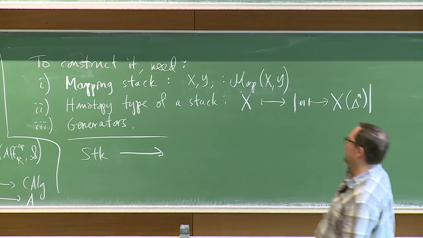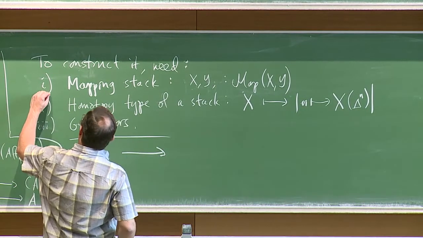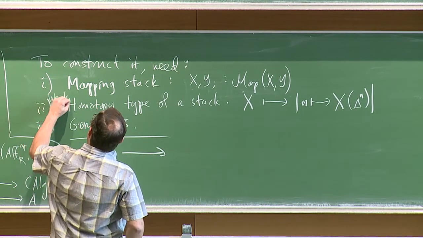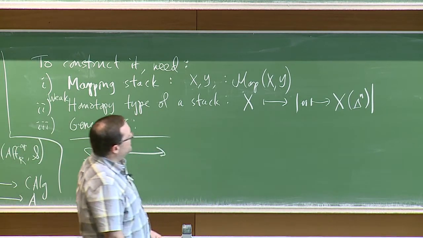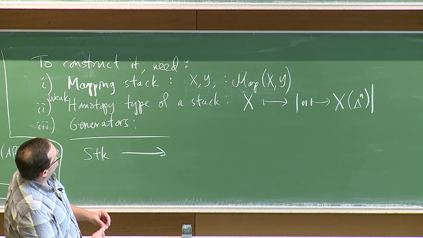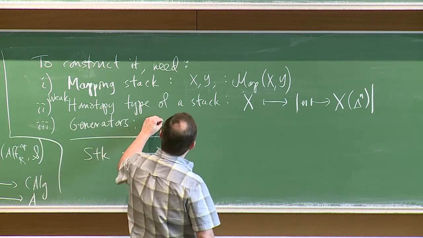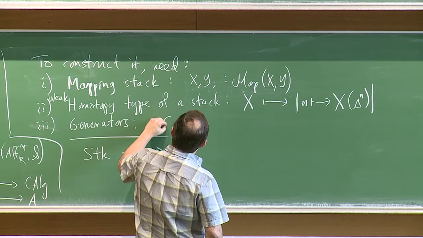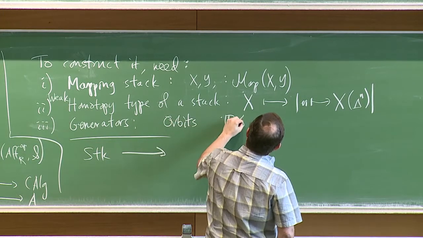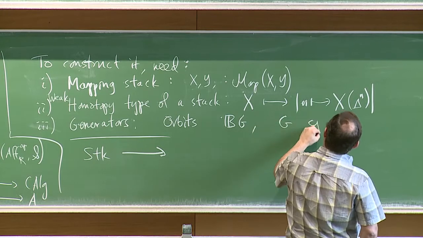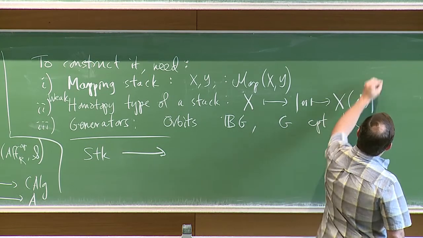This gives kind of a weak homotopy type. And the generators will be the same things that we use in equivariant homotopy theory. They'll be what are called the orbits, BG. And here, I'm going to restrict G to be a compact Lie group.